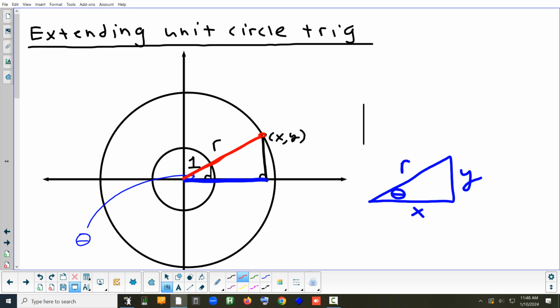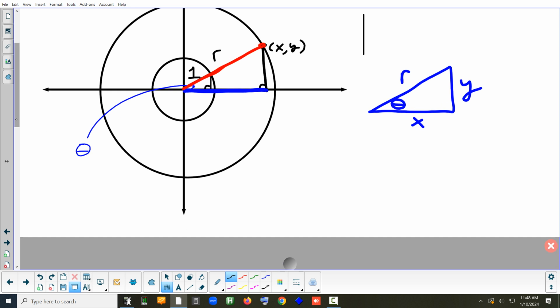So now think about what sine would be using this triangle. What would the sine be? Y over r. Yes. What would the cosine be? X over r. And what would the tangent be?